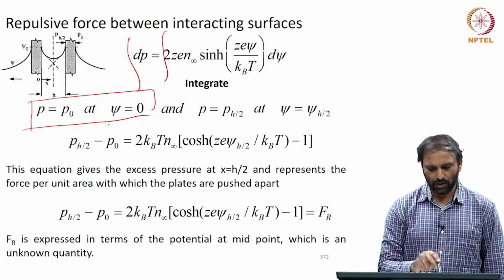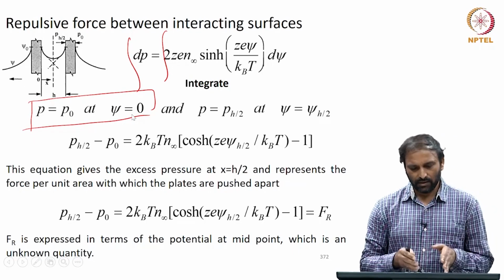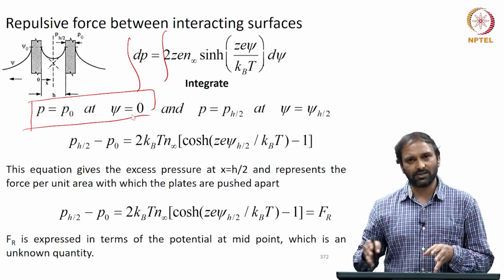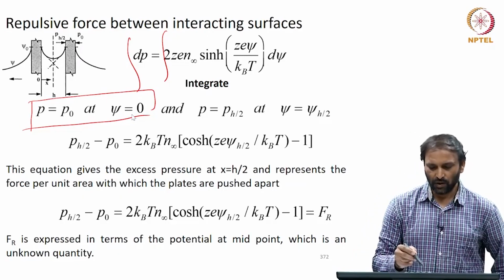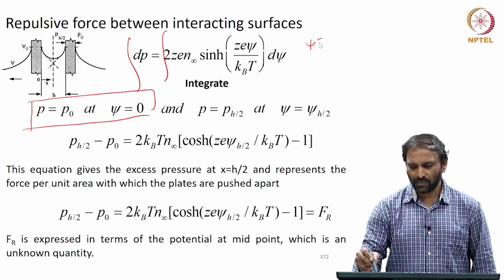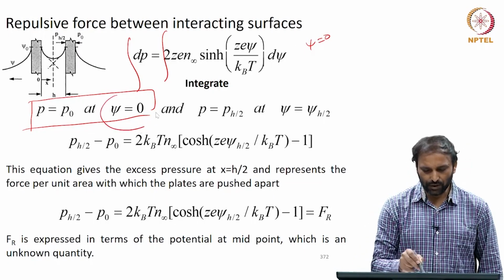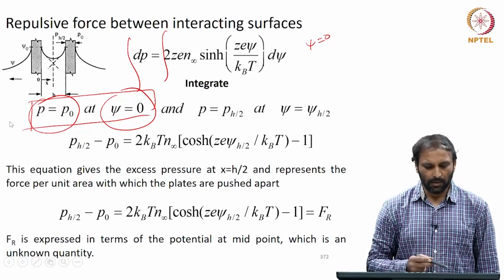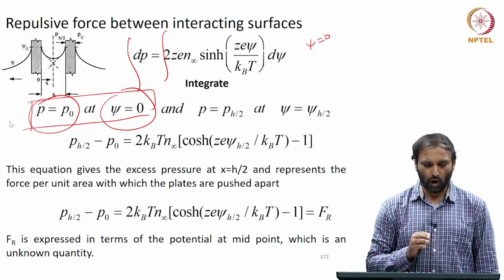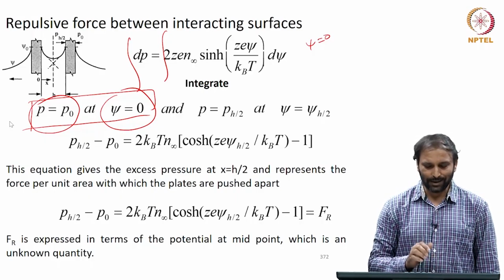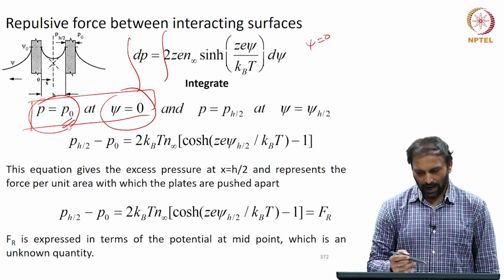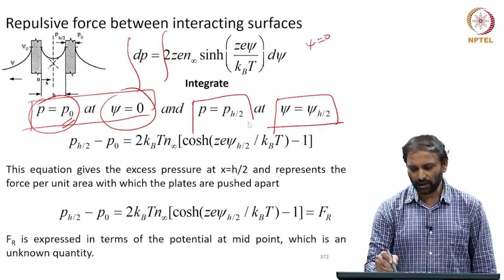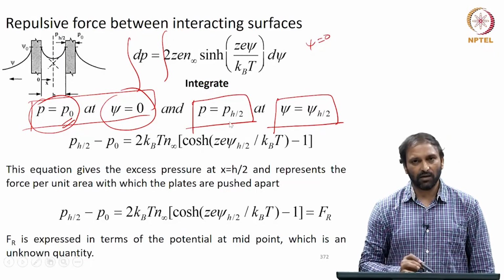when we consider that the potential is at a very large separation, at a very large distance from the surface, we know that the potential would be 0, that is psi is equal to 0, and at that location we say that the osmotic pressure, which is proportional to the concentration of ions that you have at that location, is P naught, and at h by 2 the potential is psi h by 2, and correspondingly the osmotic pressure P is P at h by 2.